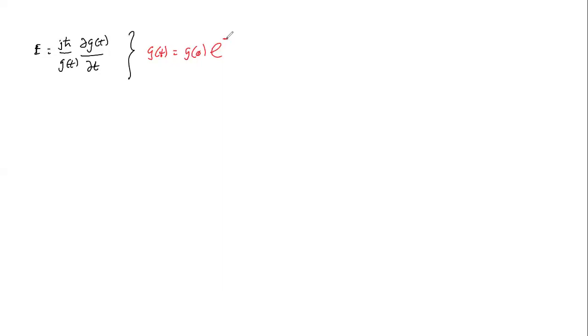Here we're going to have a negative, let's leave that, with some parameter t. So this is how the general solution will look when you resolve your first order differential equation.